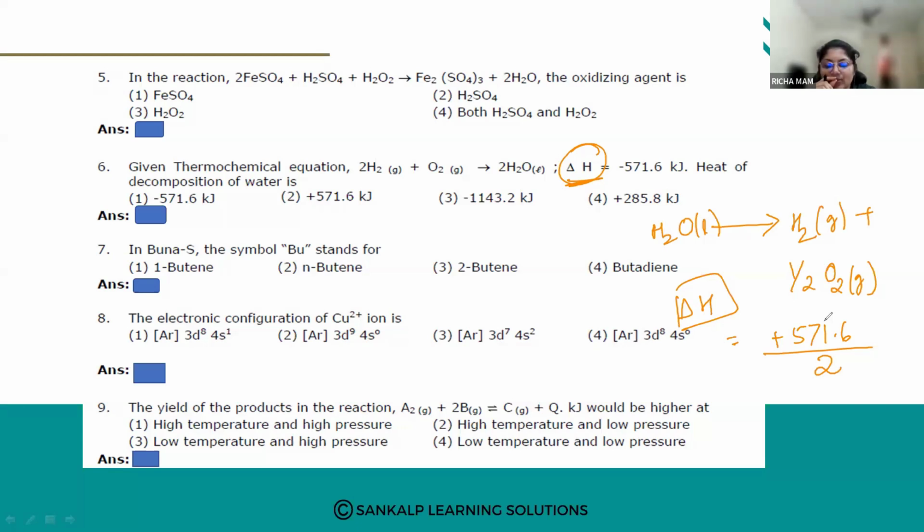When I reverse the reaction, the sign will be changed, so delta H changes from negative to positive. So 571.6 by 2 is 285.8 kilojoules. So option number 4, plus 285.8 kilojoules.